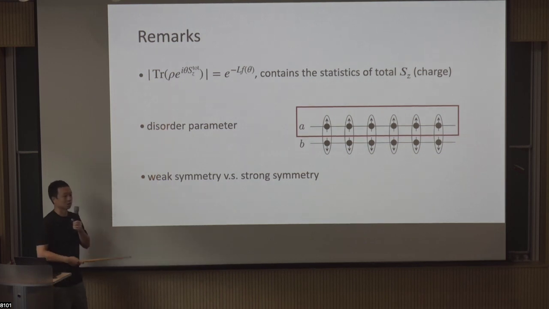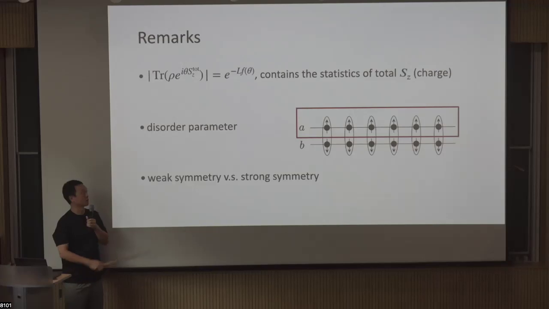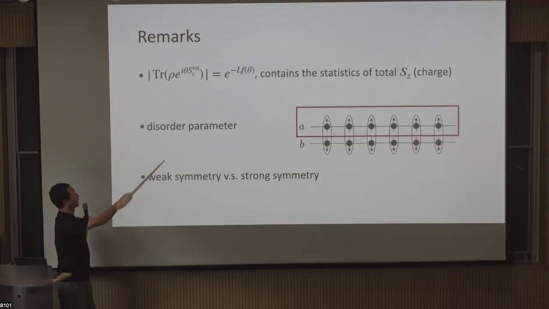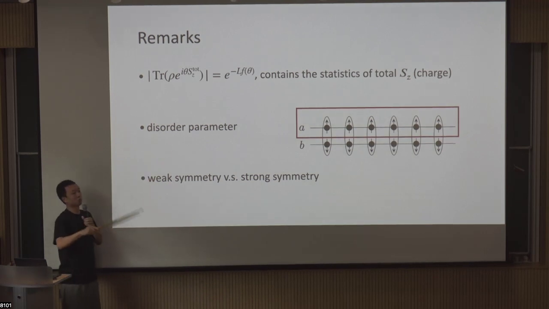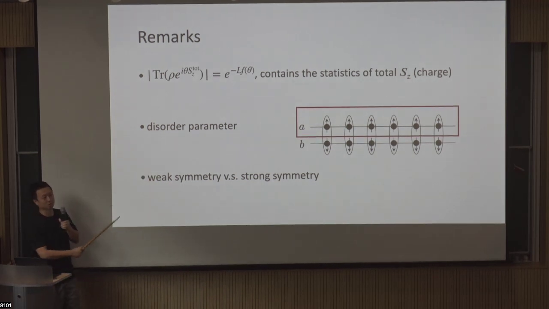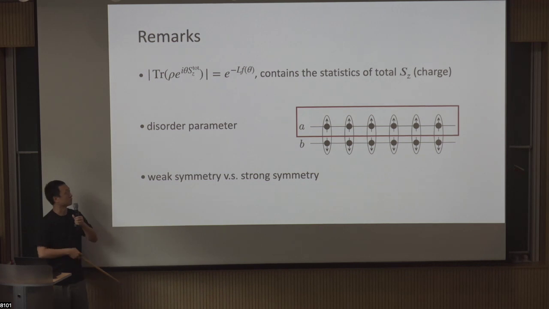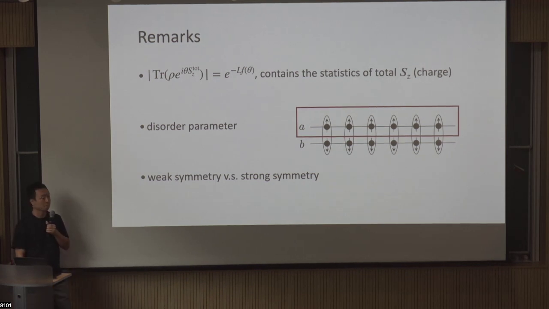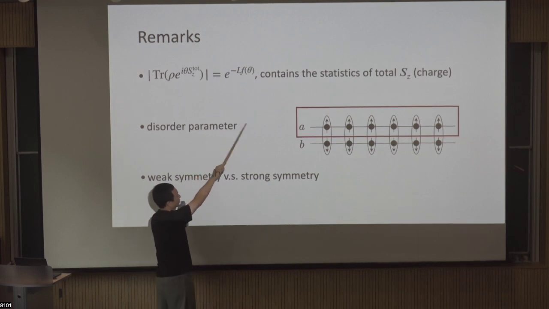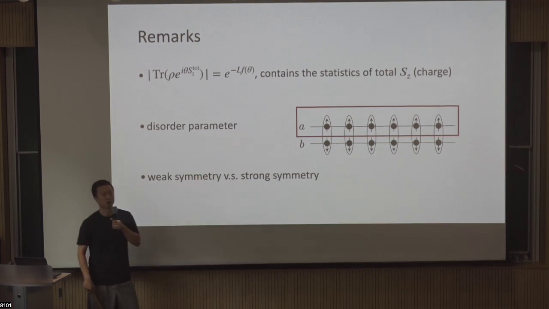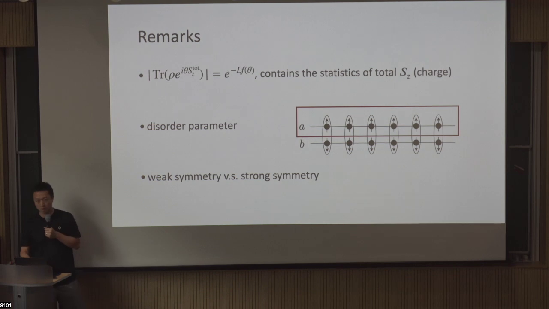That will be the same amount of data. Of course, for finitely many experiments, I cannot get a very sharp function. It will be smooth, but you can see it become more and more sharp when you have more data, or larger system size, for instance. So this quantity reflects the statistics of total S^z. Our prediction is about the statistics of S^z, so it's really experimentally relevant.